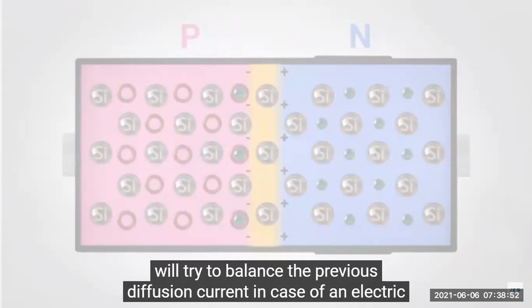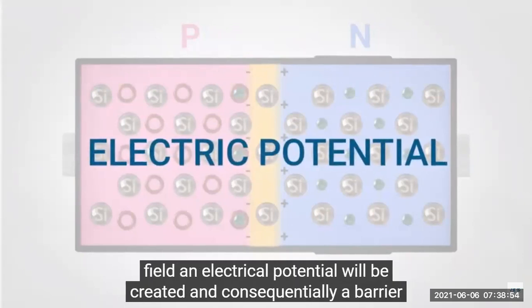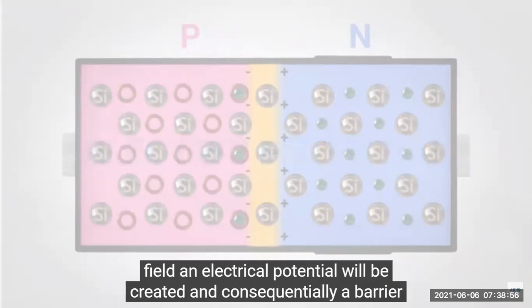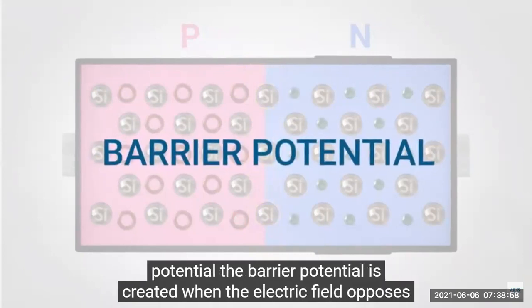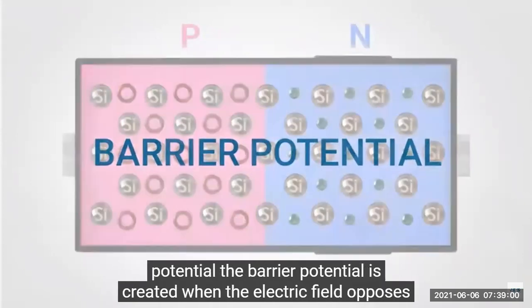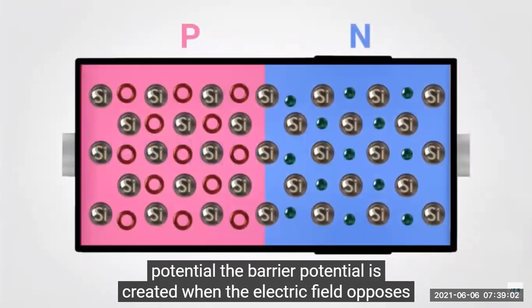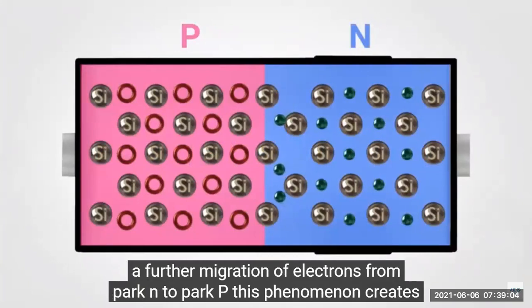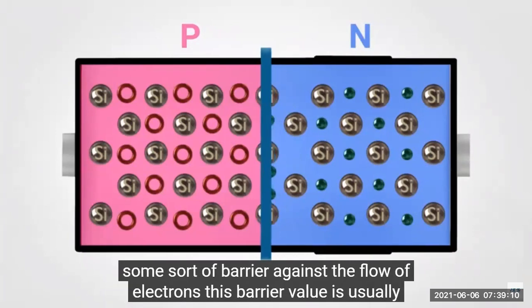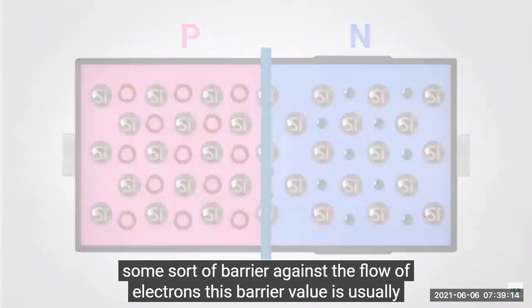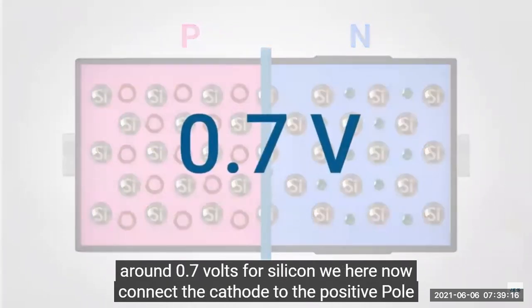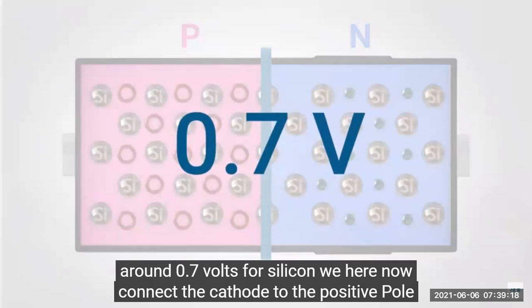In case of an electric field, an electrical potential will be created and consequentially a barrier potential. The barrier potential is created when the electric field opposes a further migration of electrons from part N to part P. This phenomenon creates some sort of barrier against the flow of electrons. This barrier value is usually around 0.7 volts for silicon.